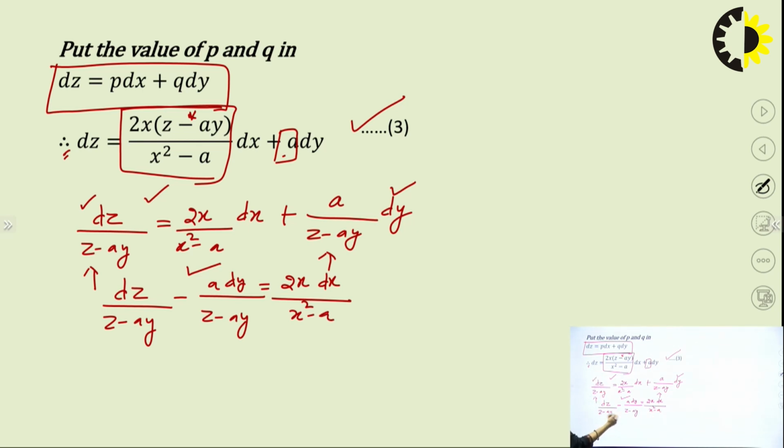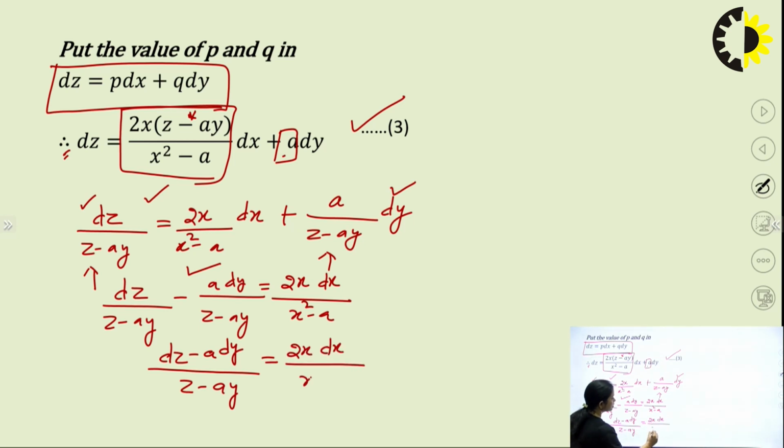Now just simplify further. We can simplify the left hand side by taking the LCM, and we will get dz minus a dy upon z minus ay is equal to 2x dx upon x square minus a.